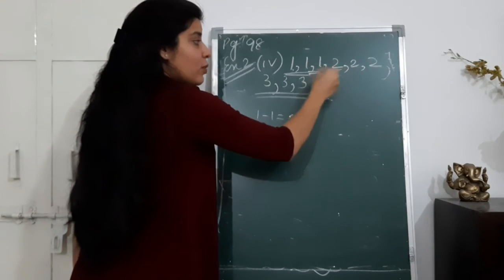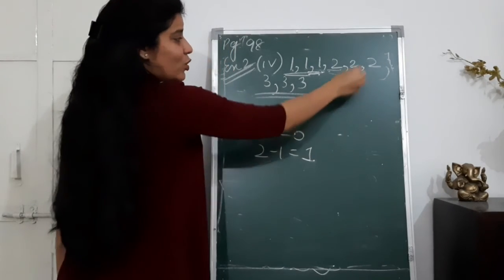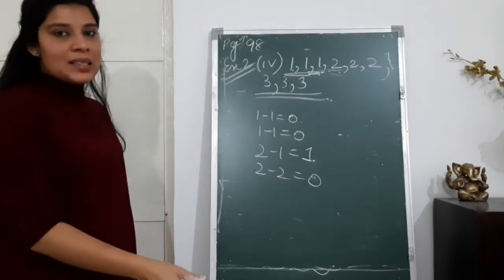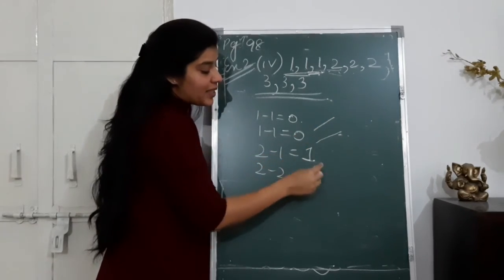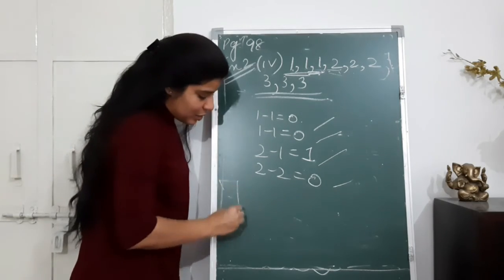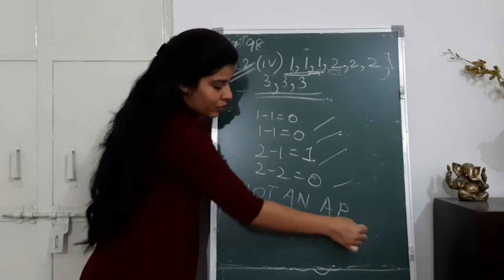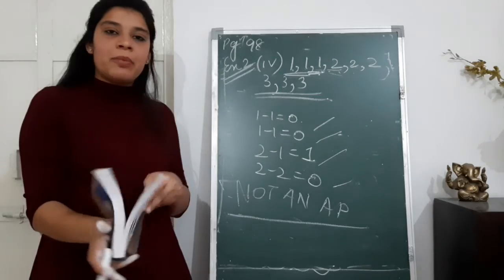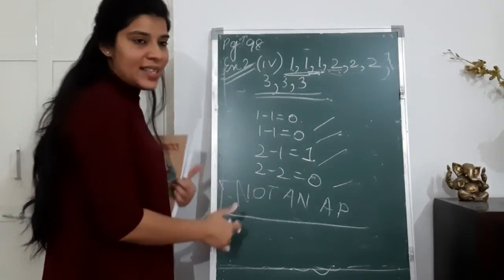Now 2 minus 1 is what? 1. Then again 2 minus 2 is 0. So clearly even in this series you can see the difference is not the same. It is 0 here, 0 here, but then it is 1 here and then it is 0 here. So even this list is not an AP.